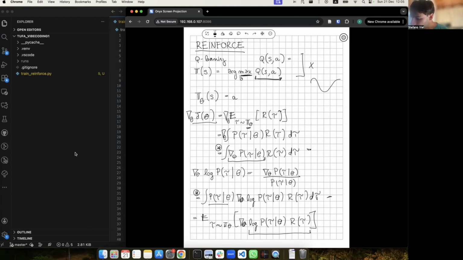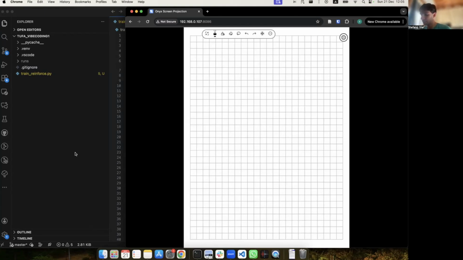Now, there are a few more things to say here. Just to repeat, we're taking samples from this thing here, but I would like to get into a bit more detail of what each of these terms is.